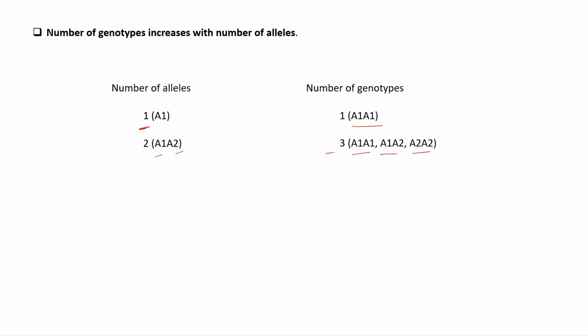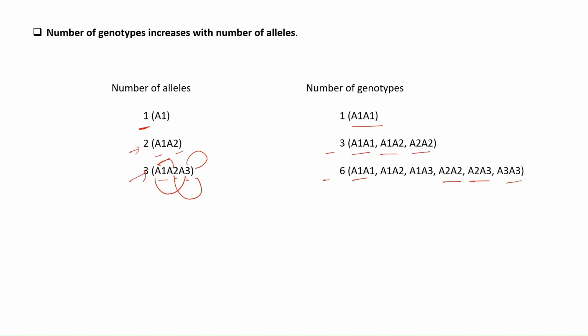If we increase the alleles to 3, A1, A2, A3, the combinations are A1A1, A1A2, A1A3, A2A2, A2A3 and A3A3. So these 6 types of genotypes we can form.